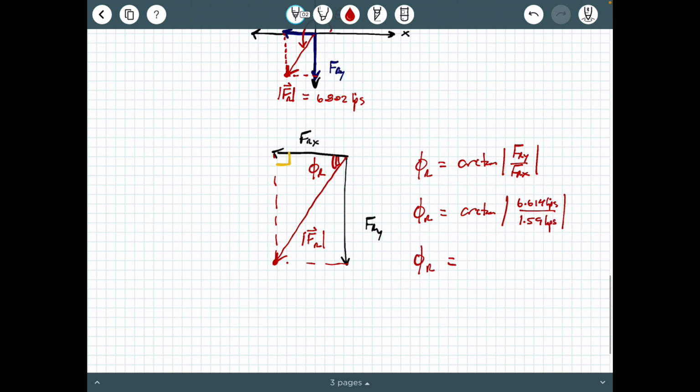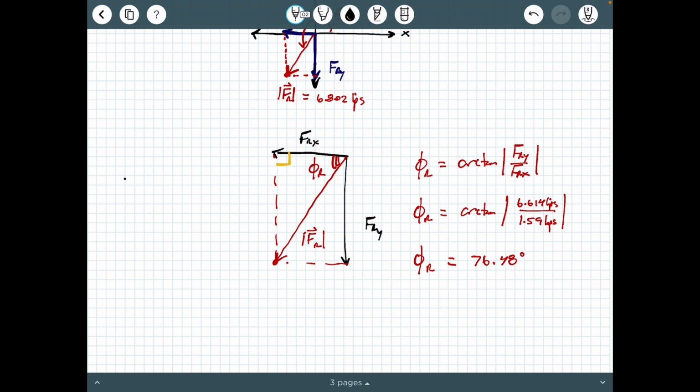And let's evaluate that. So 6.614 divided by 1.59, and we get 76.48 degrees. But again, that is this interior angle right here. That's not explicitly what the problem asks you to calculate.